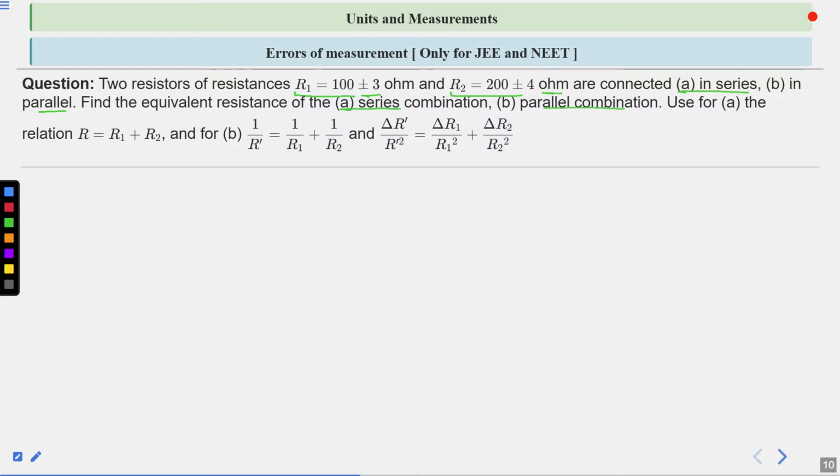Use for A the relation R is equal to R1 plus R2 and for B 1 upon R prime is equal to 1 upon R1 plus 1 upon R2, and delta R prime divided by R prime square is equal to delta R1 divided by R1 square plus delta R2 divided by R2 square. So find the answers of A and B.